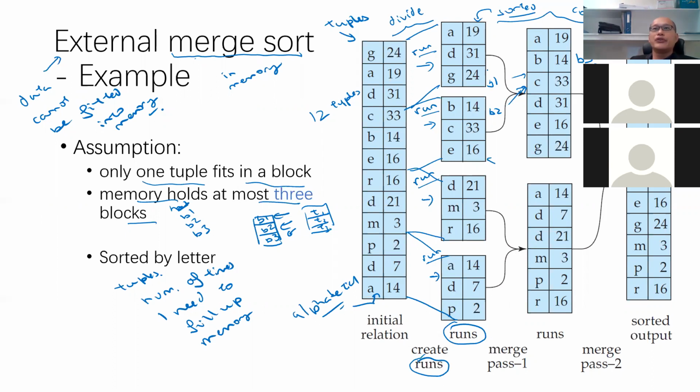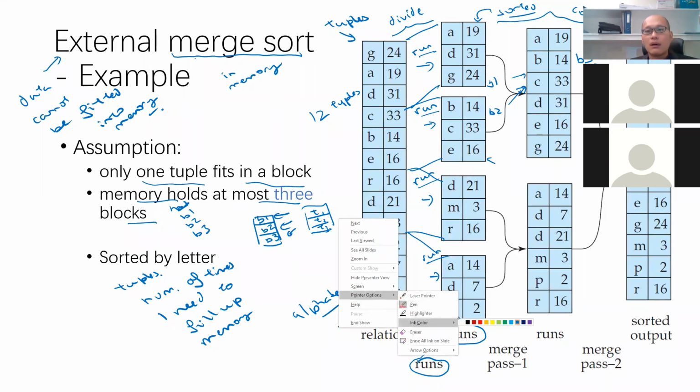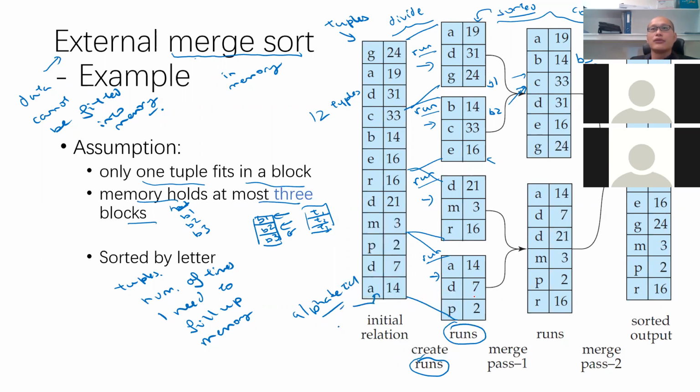It's going to be the same. The pointer comes here, the pointer comes here, and it compares A and B. A comes here, the pointer moves over. Now it compares D and B, and B comes here.